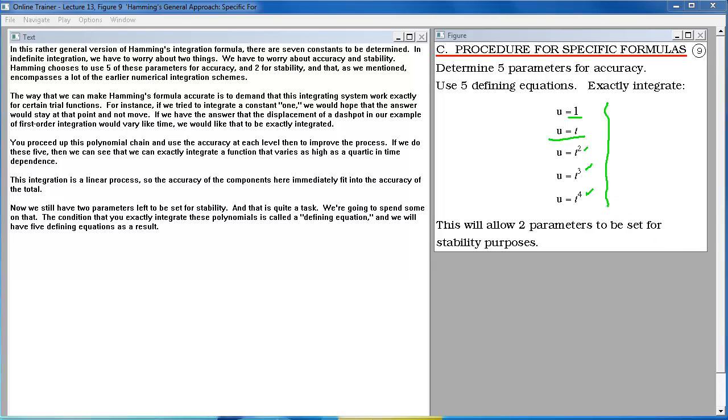Now we still have two parameters left to be set for stability, and that is quite a task. We're going to spend some time on that. The condition that you exactly integrate these polynomials is called a defining equation, and we will have 5 defining equations as a result.